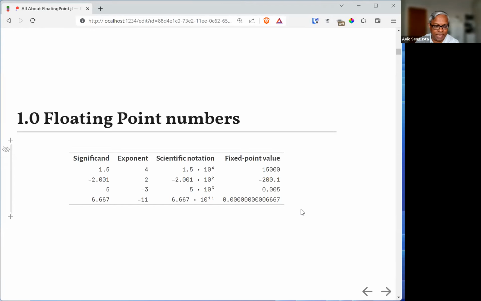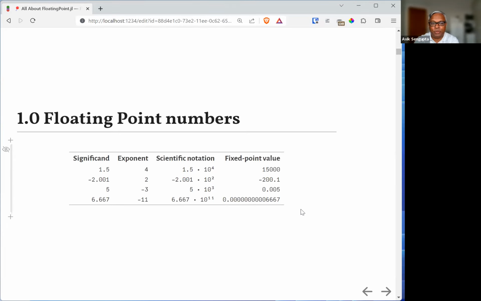The way these numbers are typically represented in a computer is by storing the exponent and the significand separately. One way to look at it is the difference between writing them traditionally with a dot, with a point, versus writing them in scientific notation.